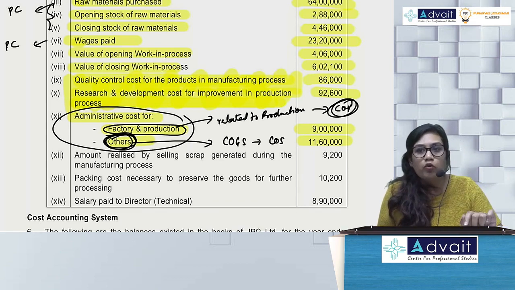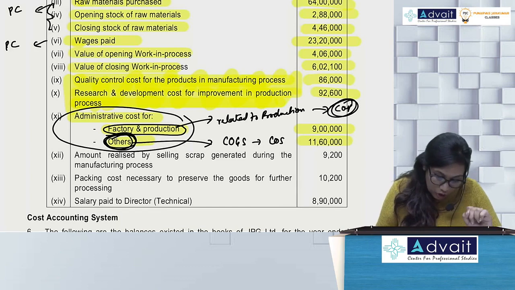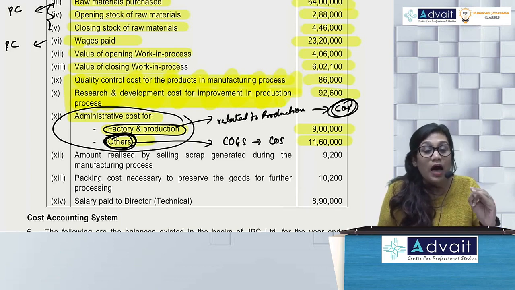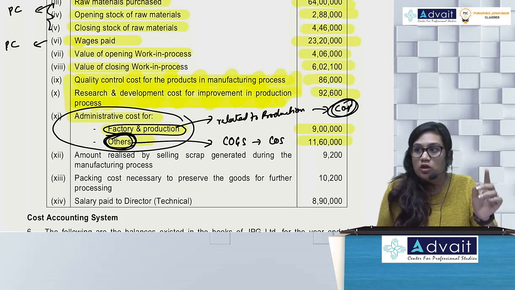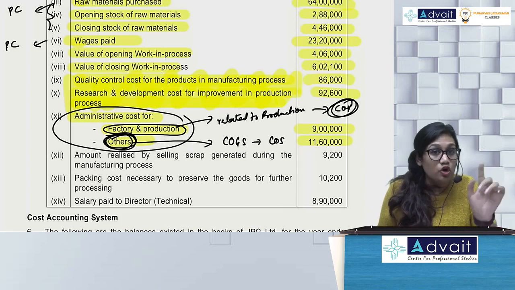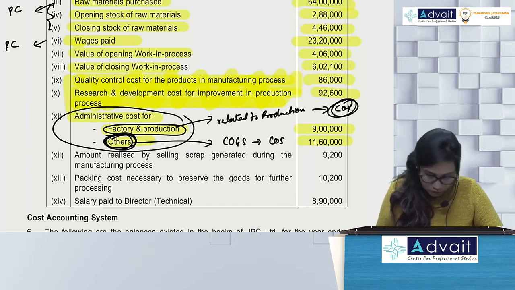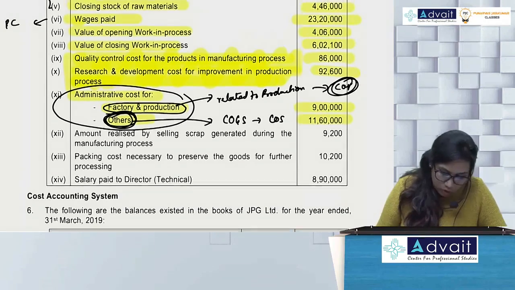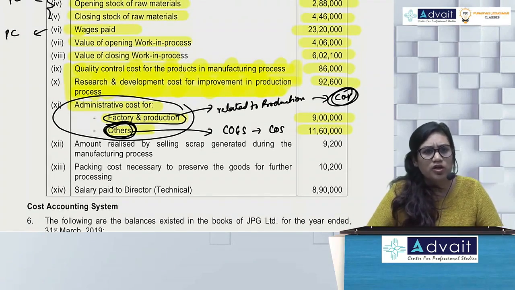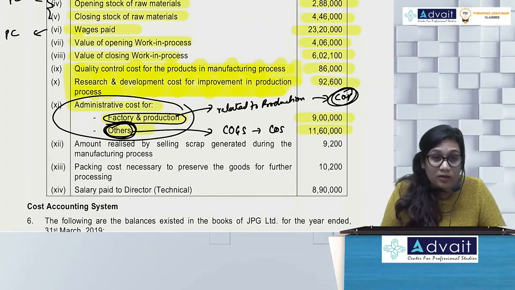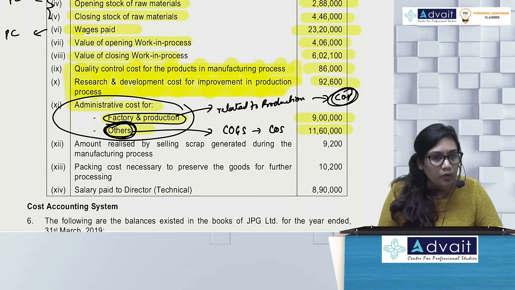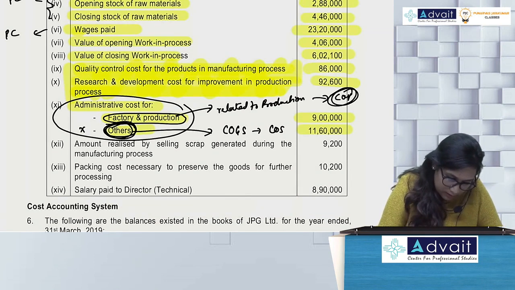Just like the way I would add my selling and distribution overhead. This is my other administrative cost. Those administrative costs which are not related to production. So when I am calculating cost of production in this problem, am I going to consider others? No, I am not going to consider others.